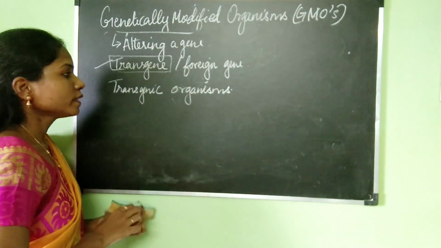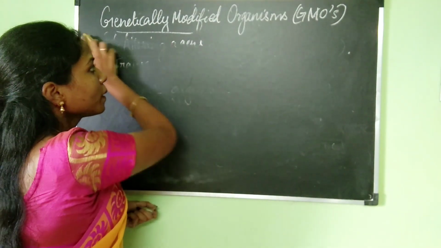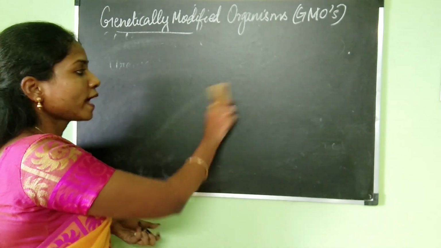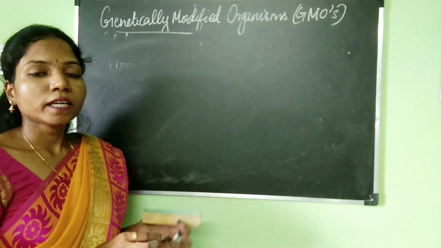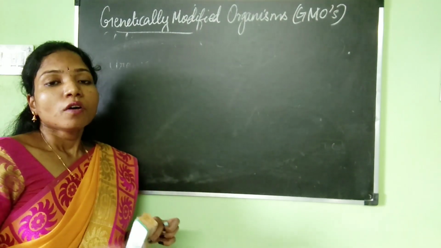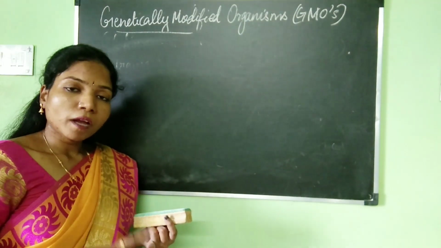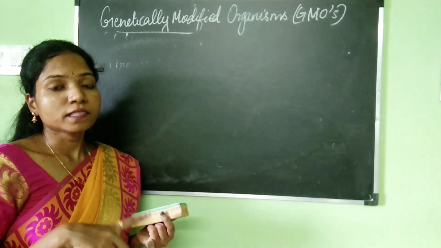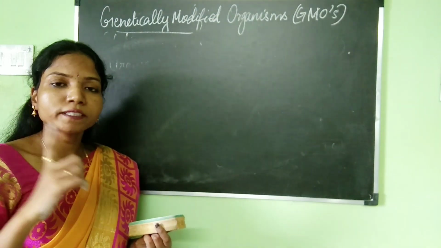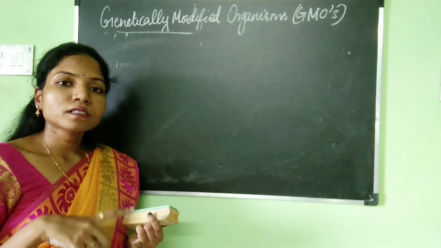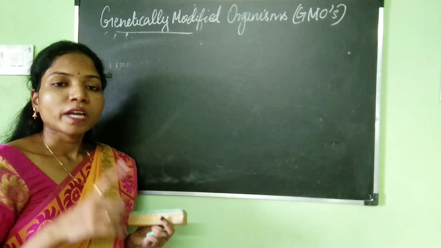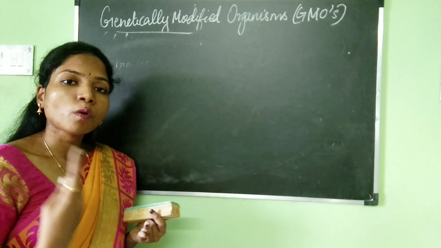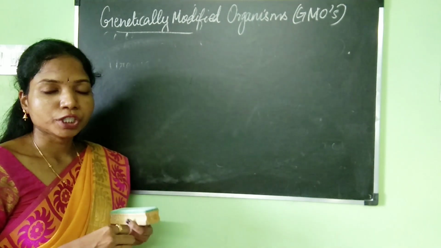Alright, now let's take a look at for what reason plants and animals are genetically modified. The first reason for genetically modifying plants is to make them disease resistant. The second is to make them more tolerant to environmental conditions.